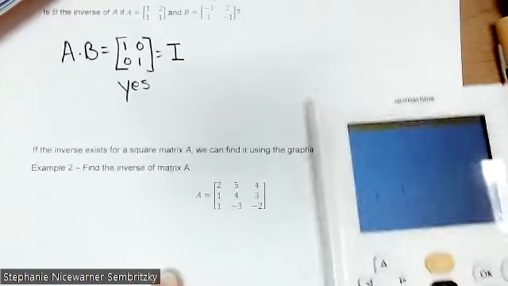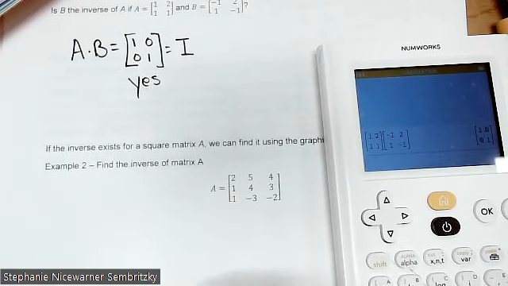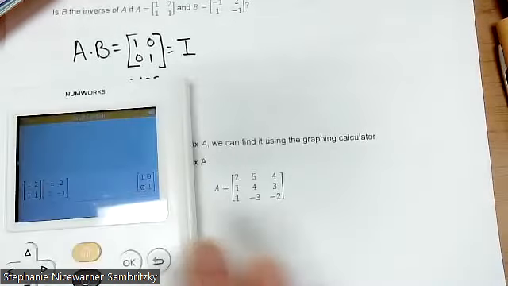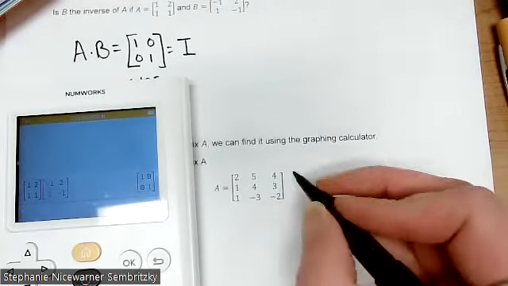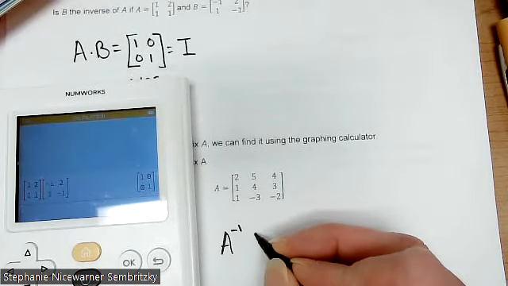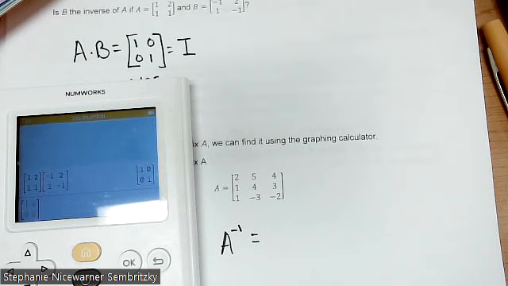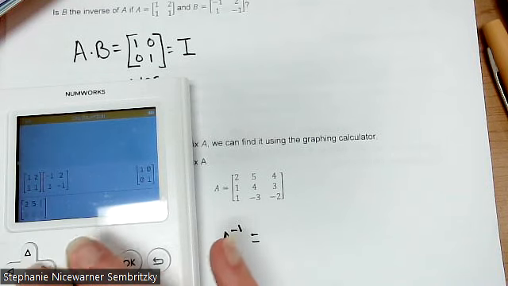So this is a yes. Now, finding the inverse of a matrix, there is a way to do it by hand, but of course we can also do it in the calculator. So what we can do is take this matrix, 2, 5, 4, 1, 4, 3, 1, -3, -2, and go to the -1 of it. So A to the -1 is going to be my inverse matrix.